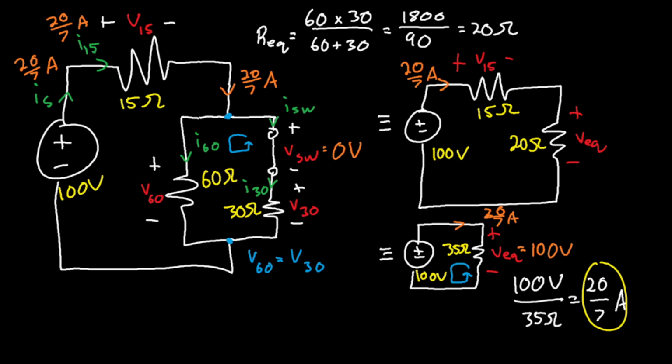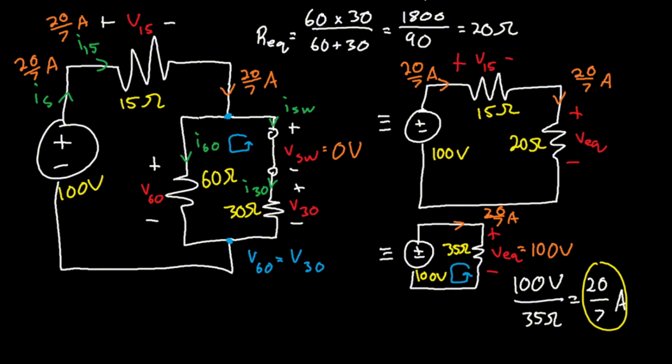Let's go ahead and actually solve for the voltage here. If we solve for the voltage at this resistor, we'll get the voltage of both these resistors. Remember, the voltages of parallel resistors are the same. We already determined that V of 60 is equal to V of 30. So if we solve for the voltage of VEQ, we'll get the voltages of V60 and V30. Let's use Ohm's law.